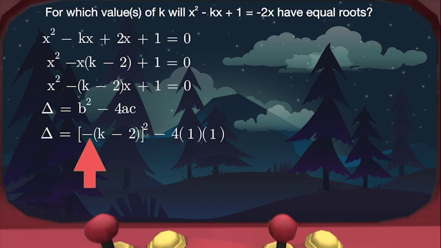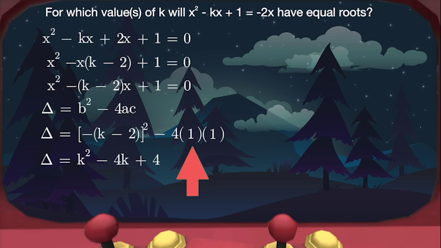So this is a product of two binomials. The minus squared gives us a positive, so I don't worry about it. Then this bracket will be k times k is k squared, first times the second times a 2 gives us minus 4k, and the second times second is a plus 4. Then minus 4 times 1 is a minus 4.